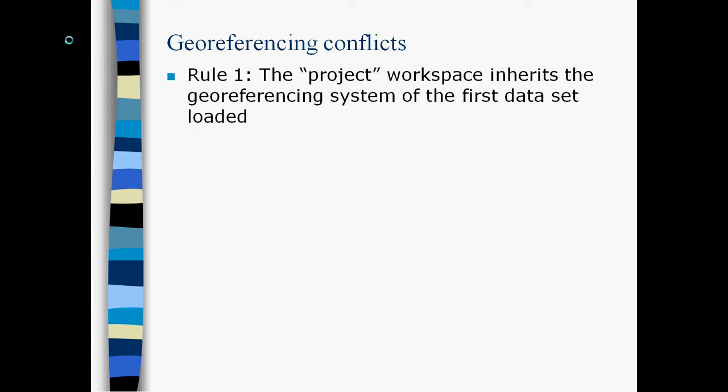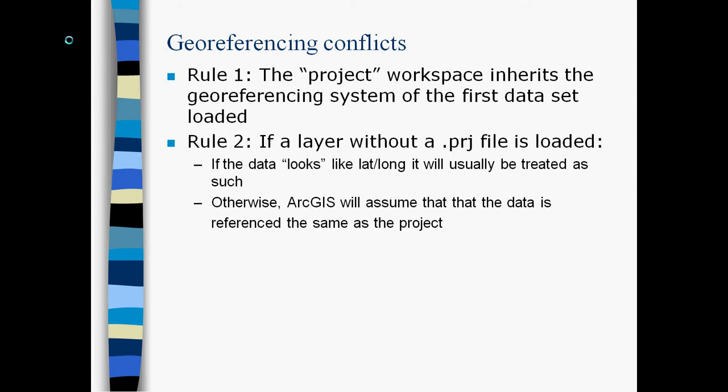A new ArcMap project starts with no georeferencing system attached to the workspace. It'll assume that georeferencing system either by the user deliberately setting that system or by inheriting that system from the first file that's loaded.